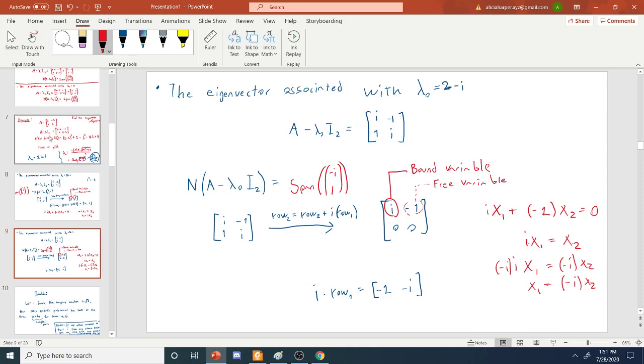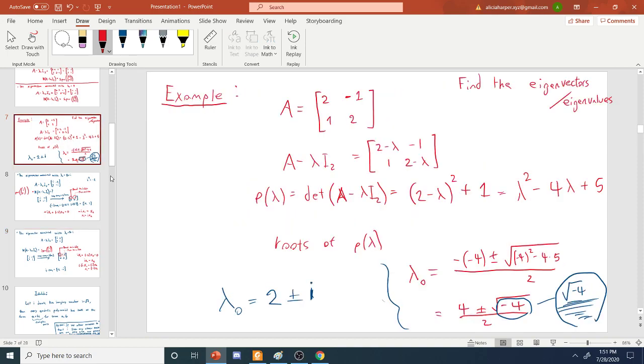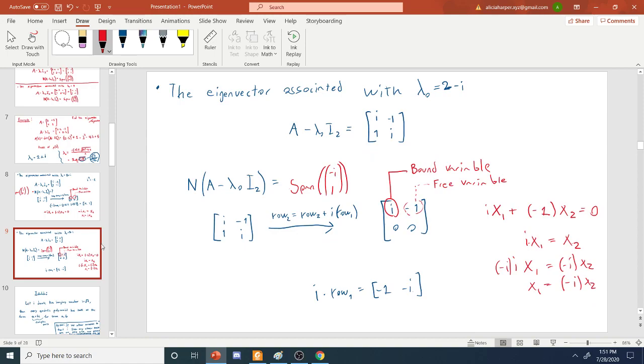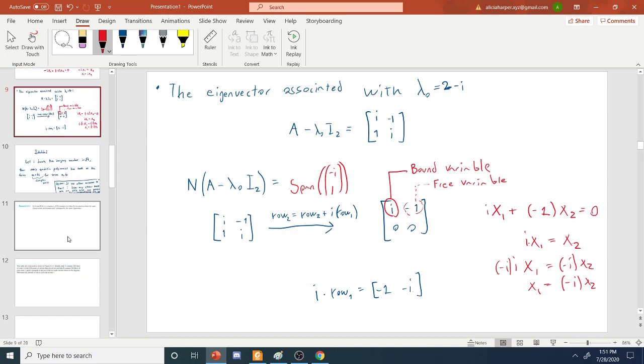So, even though when I looked at my matrix's characteristic polynomial I did not have real eigenvalues, I had complex eigenvalues, I could still find eigenvectors associated with them. They just turned out to be eigenvectors with components that were imaginary too. So, here's the key point.